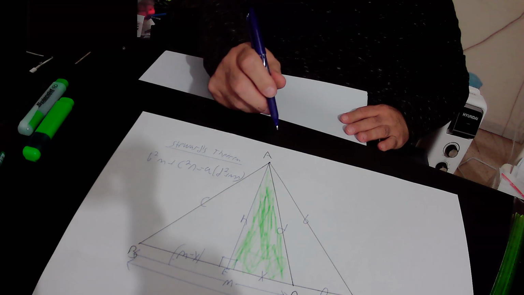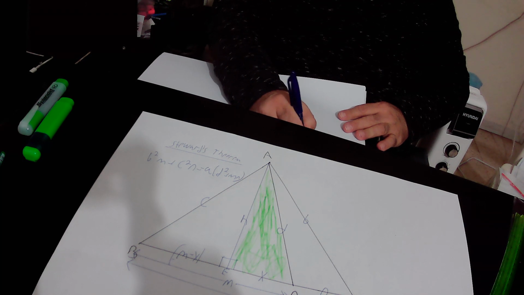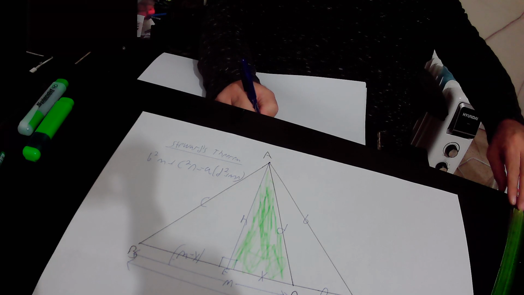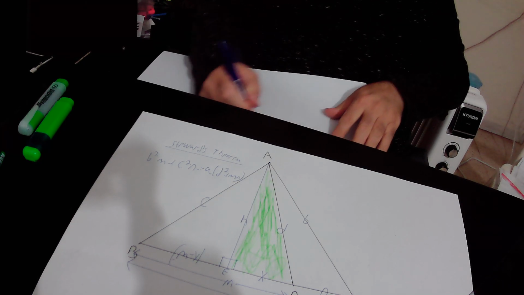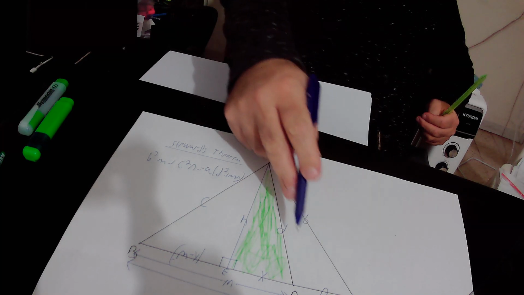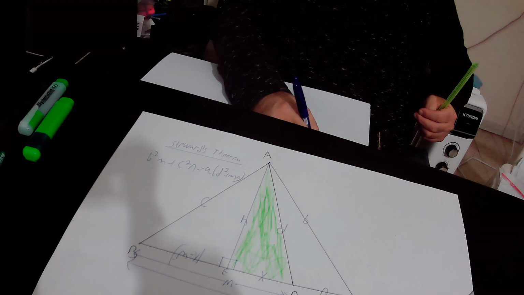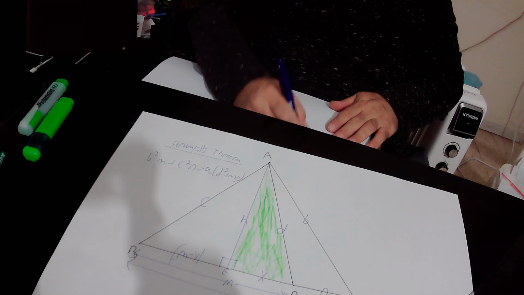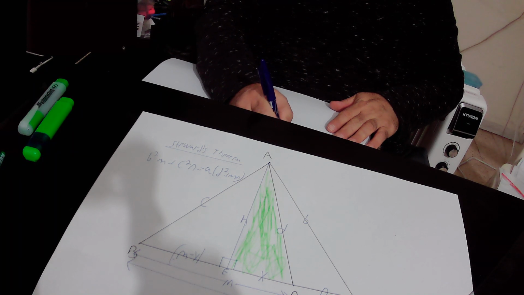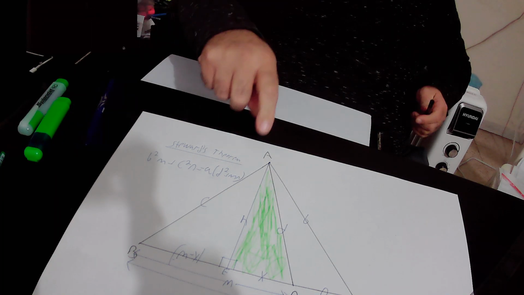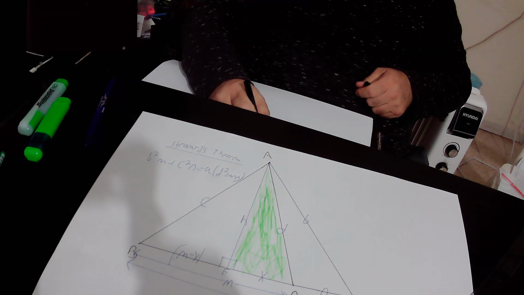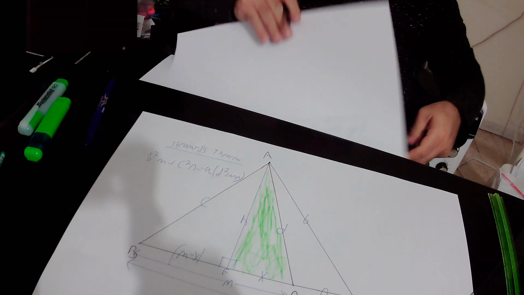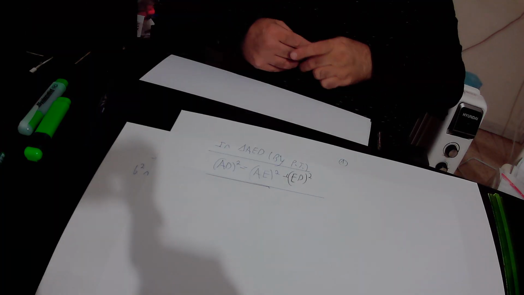In the green triangle AED, the hypotenuse is AD, therefore AD squared must equal AE squared plus ED squared.